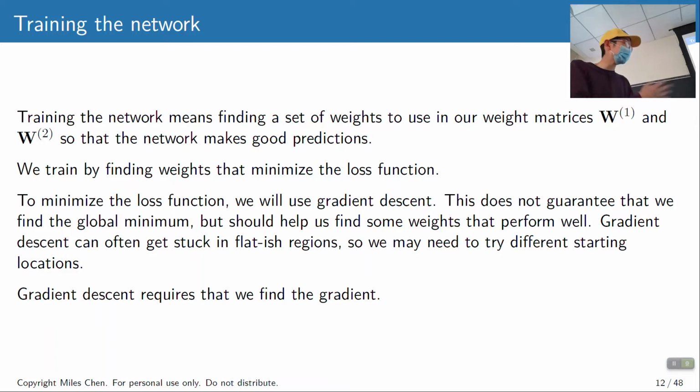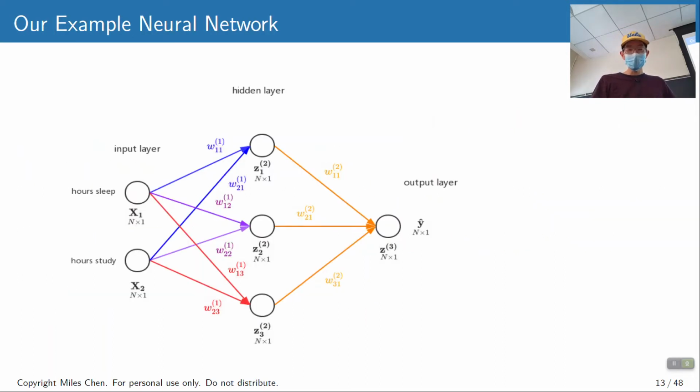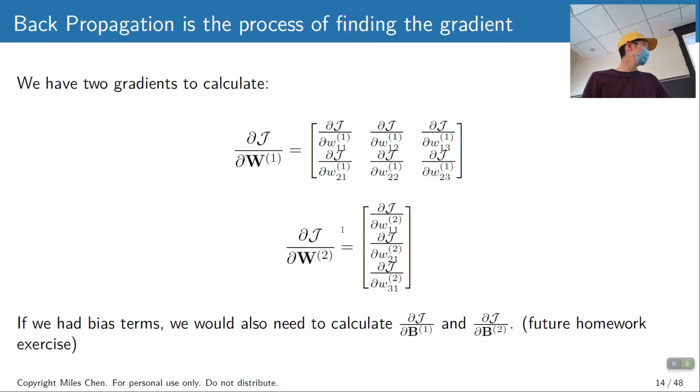But anyway, we got to find the gradient. We got to find basically the derivative. Now, in our neural network, we have two weight matrices. We have a weight matrix 1 and a weight matrix 2. And so this will require us to find two gradients.